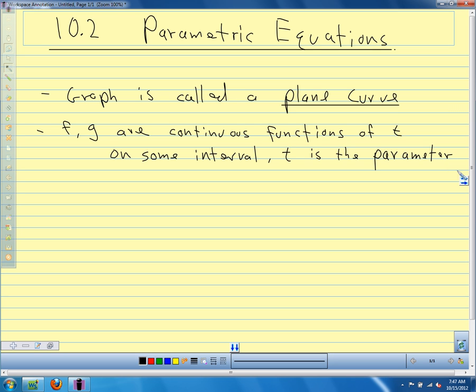The set of points x and y is called the graph. So we're just talking a little bit about our terminology. We call the set of points x and y the graph of the equations.